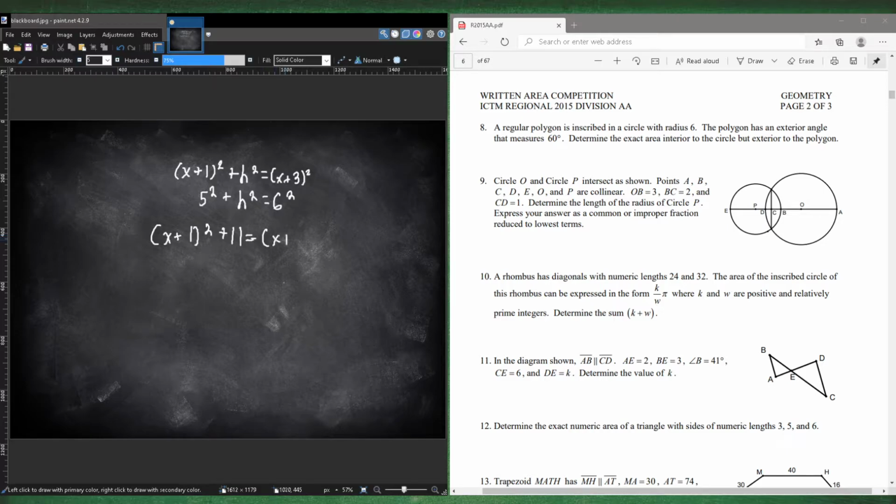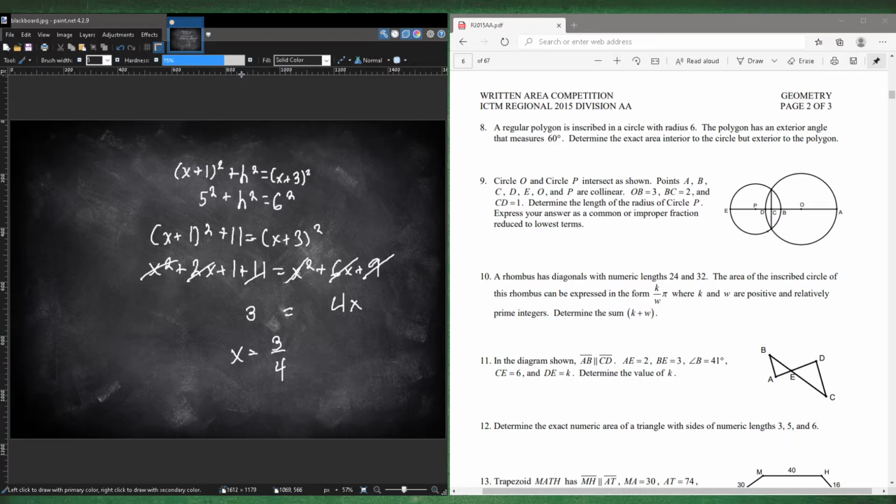So x squared plus 2x plus 1 plus 11 is equal to x squared plus 6x plus 9. Cancel out the x squares, the 2x and 6x make 4x. The 9 and 11 make 2, and 2 plus 1 is 3. So that means x is equal to 3 over 4.